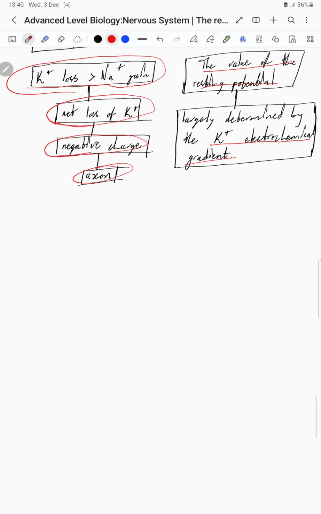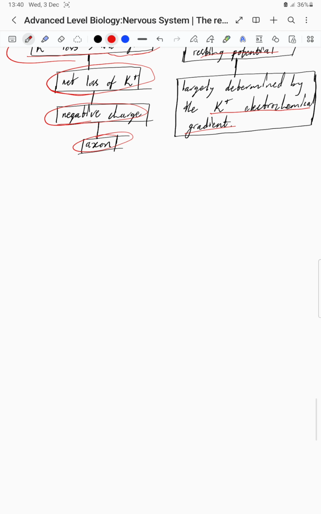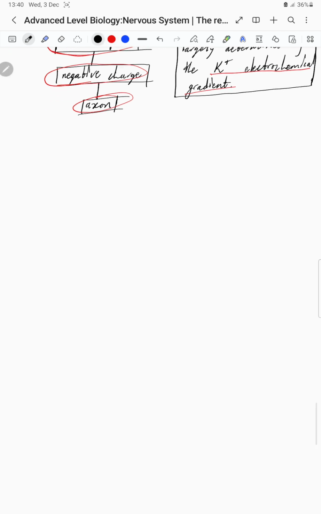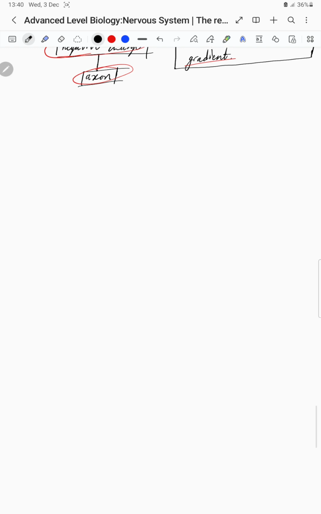Okay, so now we have all the details which we need. We now want to give a simple explanation of this whole resting potential.